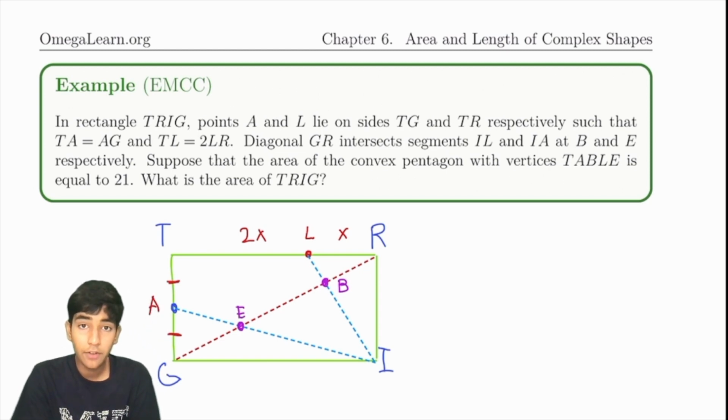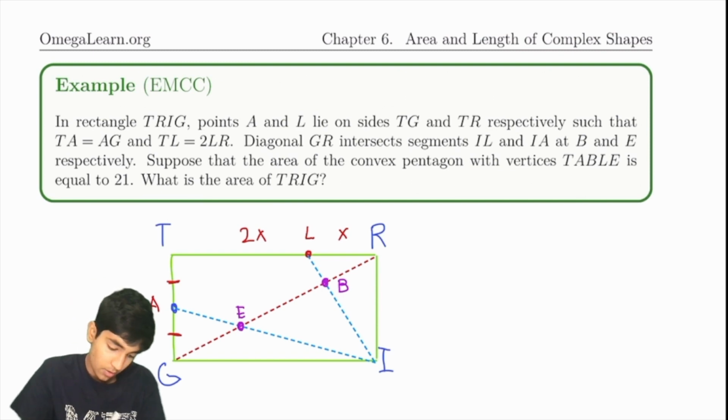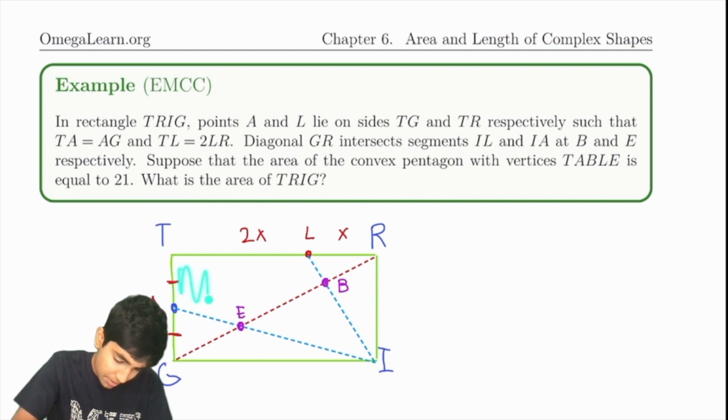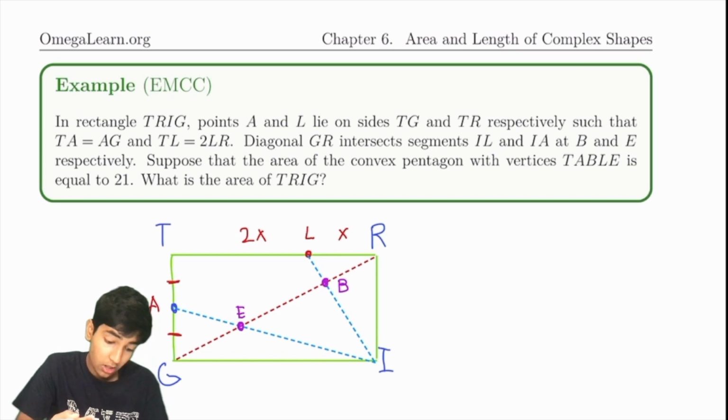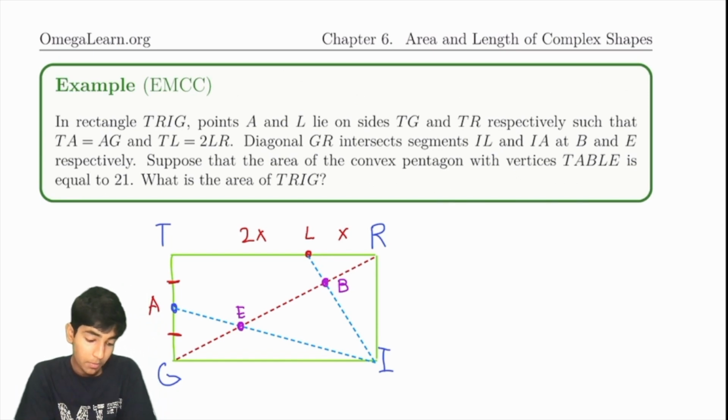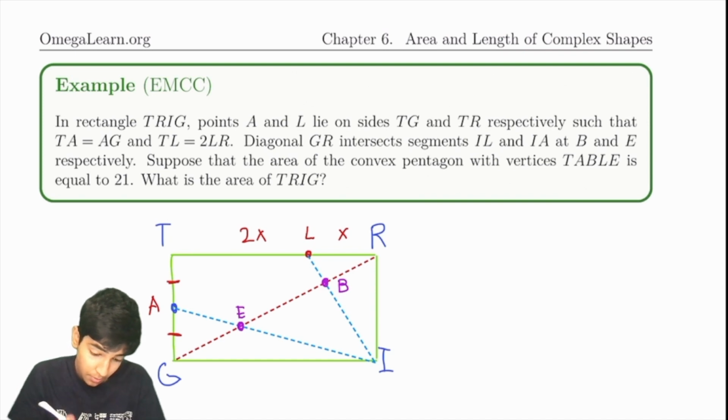Suppose the area of convex pentagon with vertices TABLE is equal to 21. So we're given this random area, convex pentagon TABLE, which is here, is equal to 21.